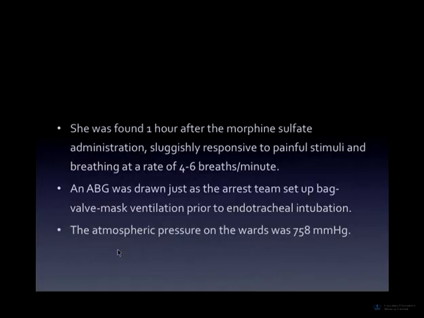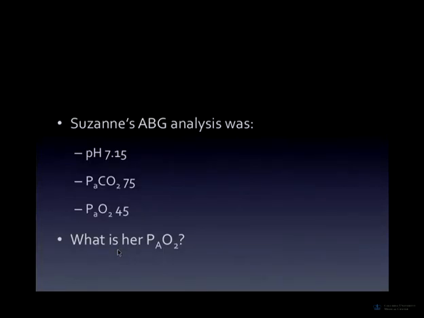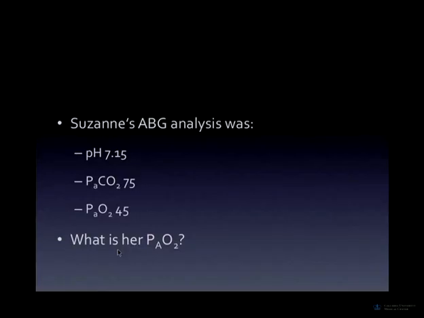She had her blood gas drawn. The pressure on the wards that day was 758 millimeters of mercury. Her ABG showed a pH of 7.15, a PaCO2 of 75, and a PaO2 of 45. So what is Suzanne's alveolar oxygen tension?